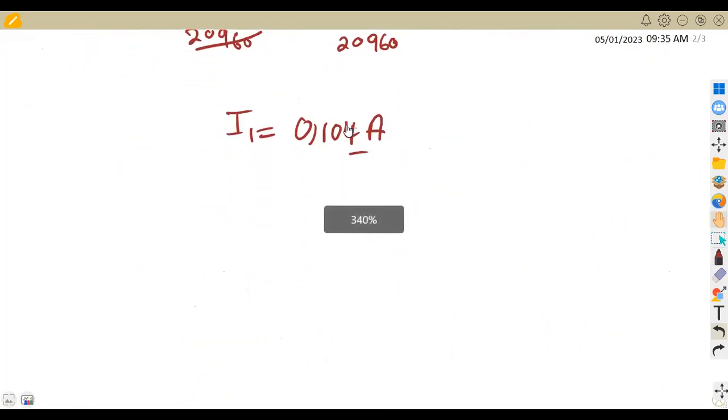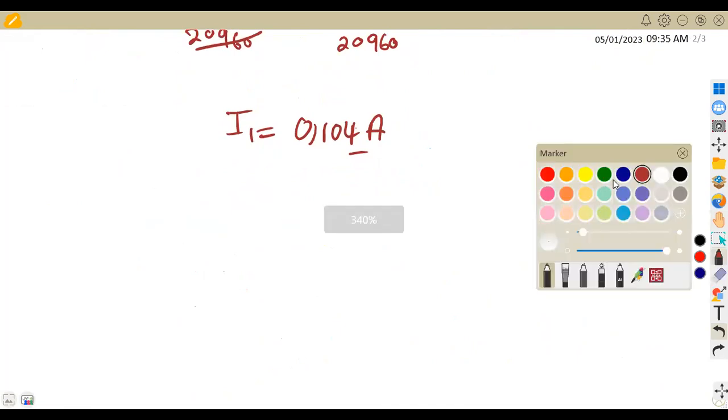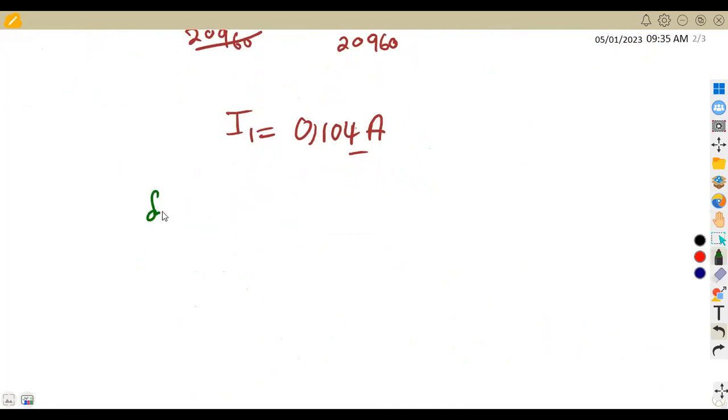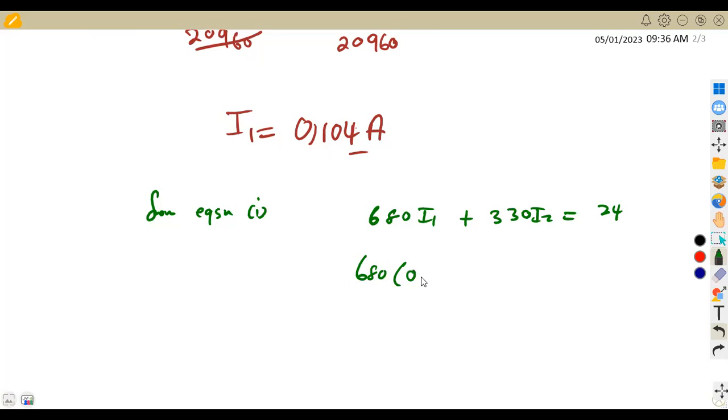So from equation 1, we were given 680 I1 plus 330 I2, which was equal to 24. We can substitute the value of I1 that we got. So this is going to be 680 times I1, which is 0.104, plus 330 I2 is equal to 24.